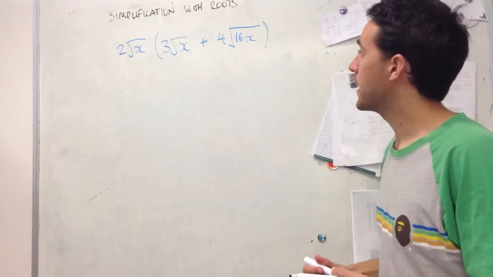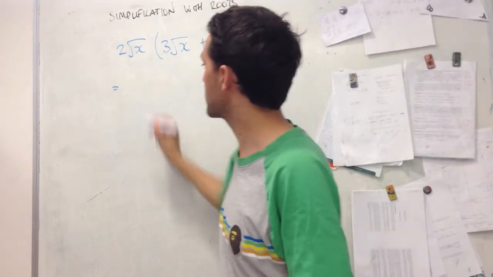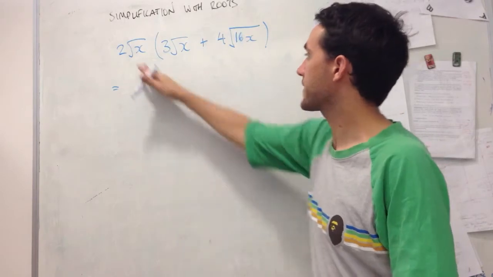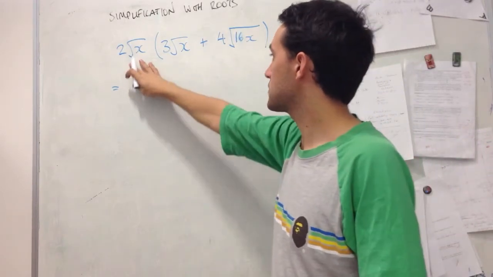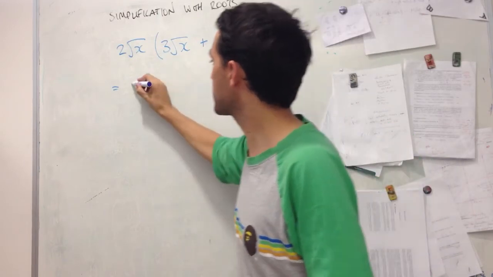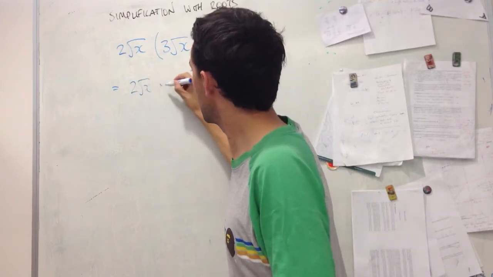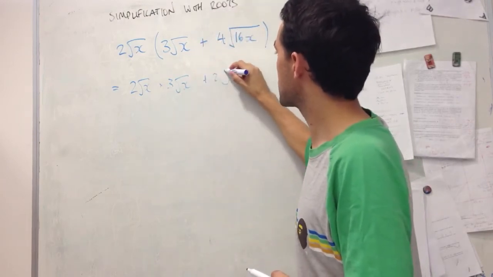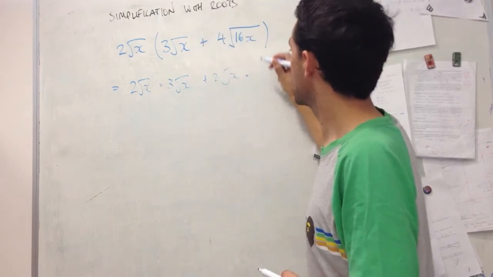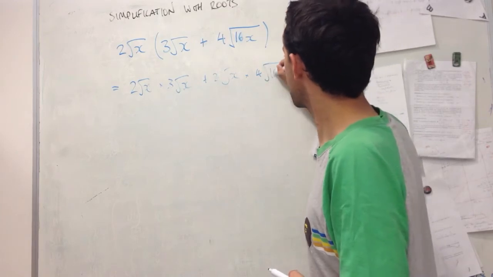So here, in my simplification, I've got 2 root x and it's multiplying by everything inside the brackets. So it's going to be 2 root x times 3 root x plus 2 root x times 4 root 16x.